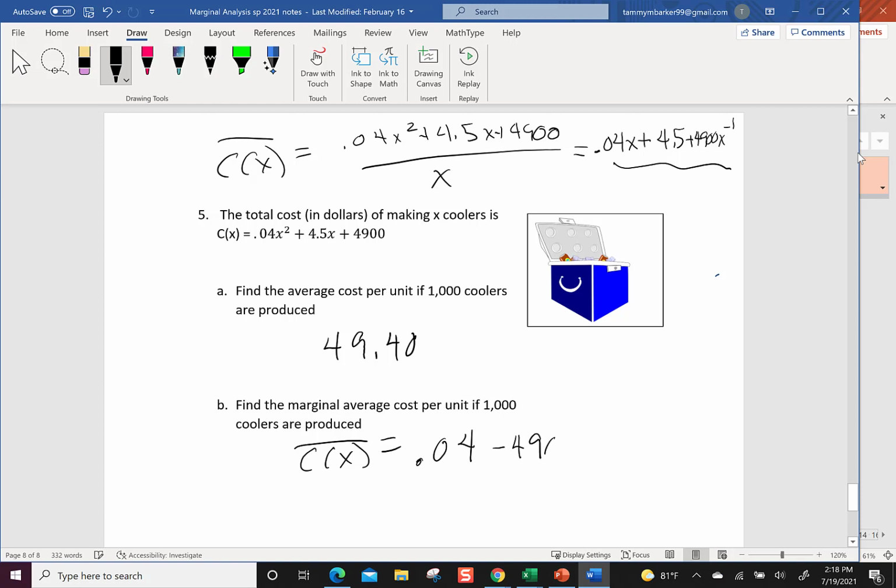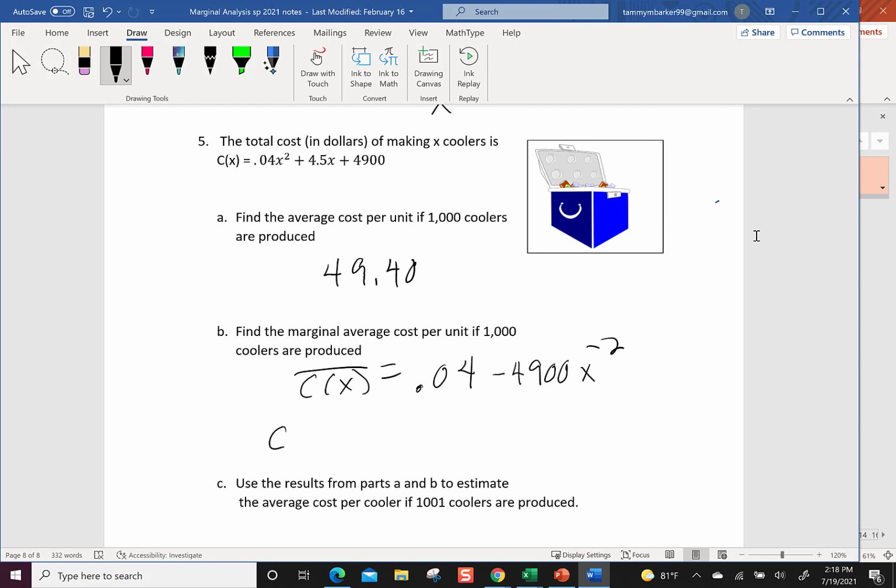I have negative 4,900x to the negative 2. We want to plug in 1,000. We get 0.04 minus 4,900 over 1,000 squared, which is negative 0.0449, so I'm going to call it negative 0.04.